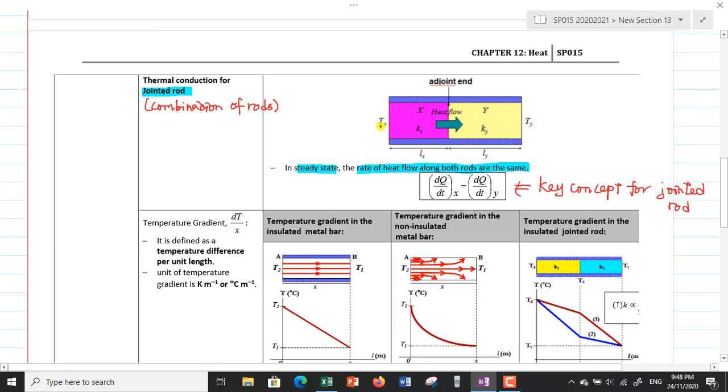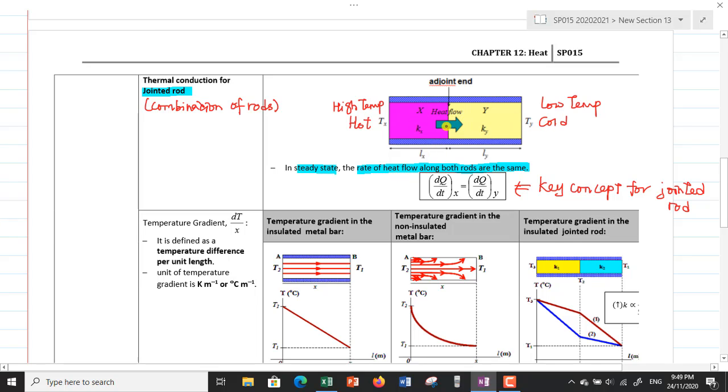The temperature at this end, for example, is hot, with high temperature here, and at the other end it is cold, at low temperature. So the heat will start to flow from the hot end towards the cold end.